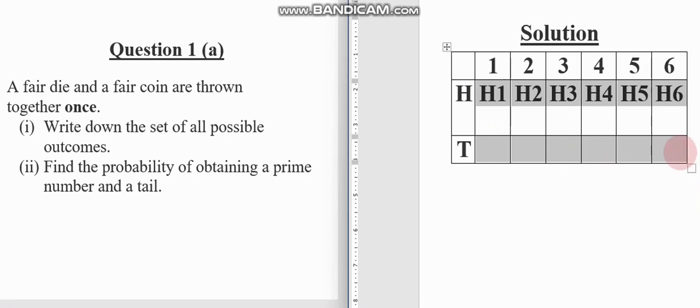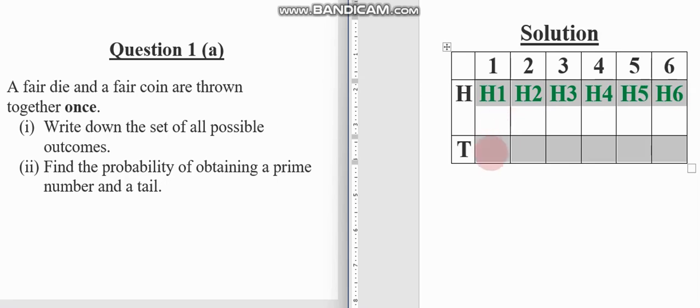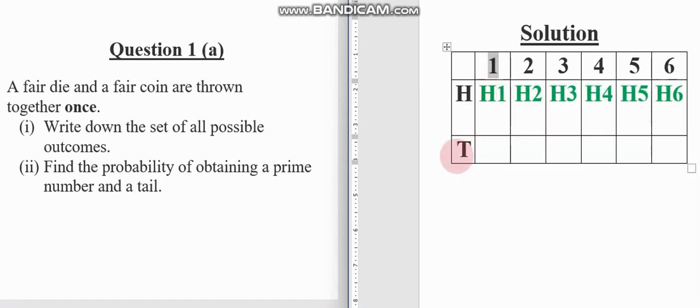Let me change the color to a different color. Okay, so this is separate. Then I'll do these, which is going to be the tail and 1, the tail and 2, the tail and 3 in that order.